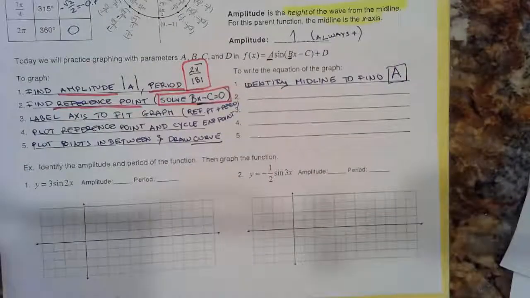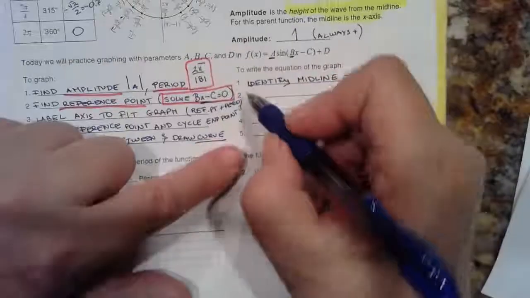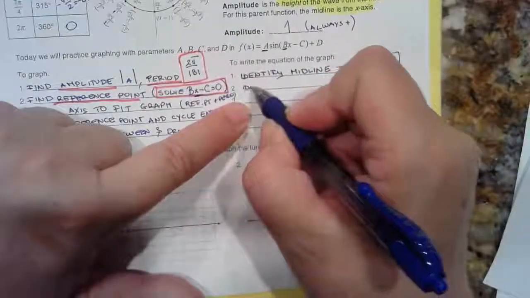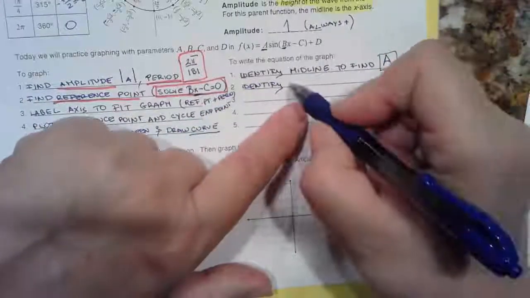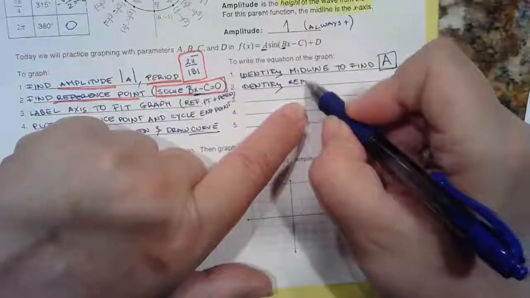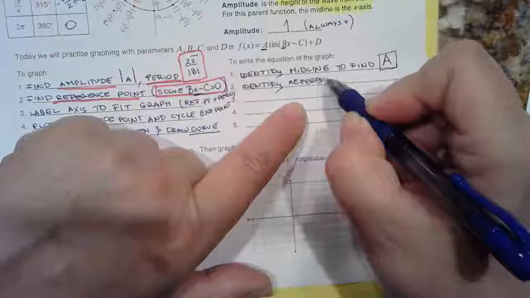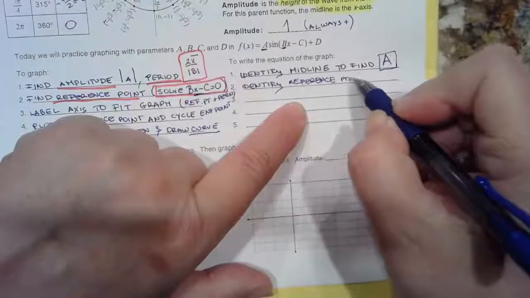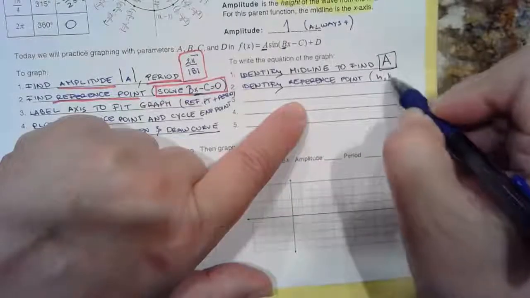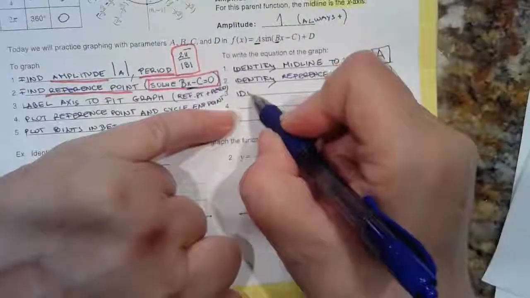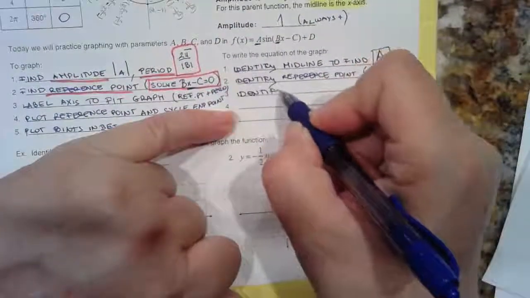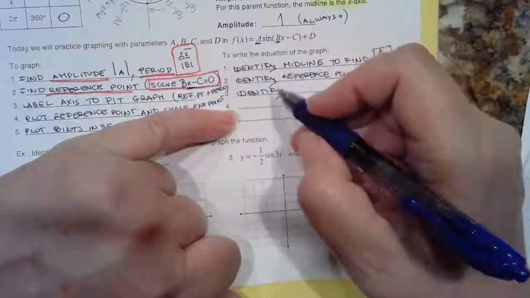Then you're going to identify the reference point, H, K, and you're going to identify the period to solve for B.